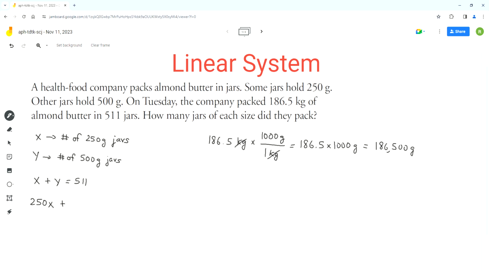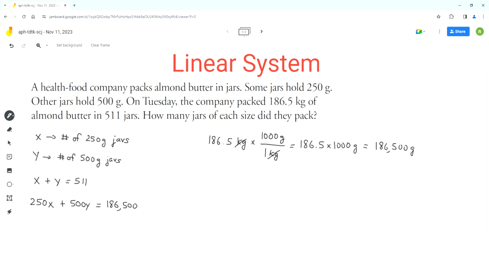And then the total almond butter in y jars will be 500y, because each of those jars holds 500 gram of almond butter. And the total weight will be 186,500. So this is our second equation. Now we have to solve these two equations to find the values of x and y.